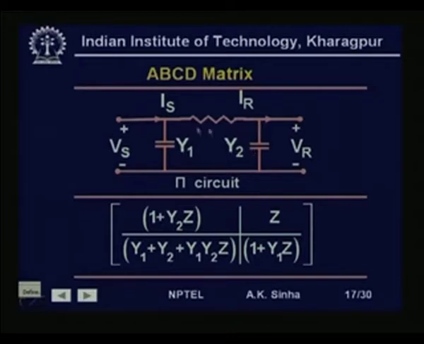Now, for this general pi circuit, if we calculate the ABCD parameters, we will get A is equal to y 1 plus y 2 z, B will be equal to z, C will be equal to y 1 plus y 2 plus y 1 y 2 into z, and D will be equal to 1 plus y 1 z. Again here if you see AD minus BC will be equal to 1.